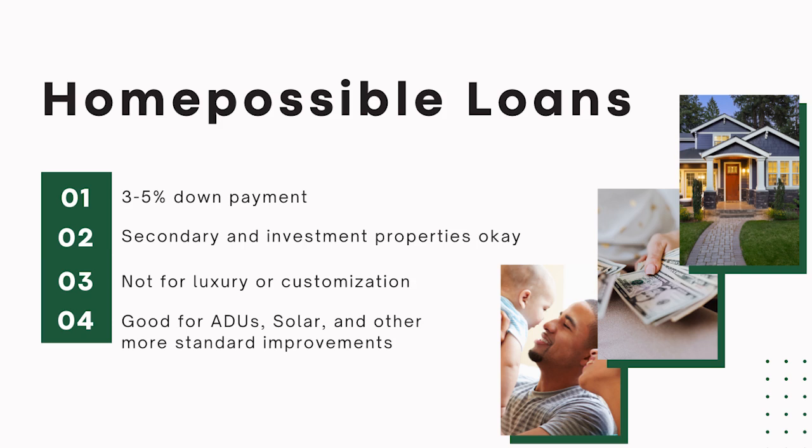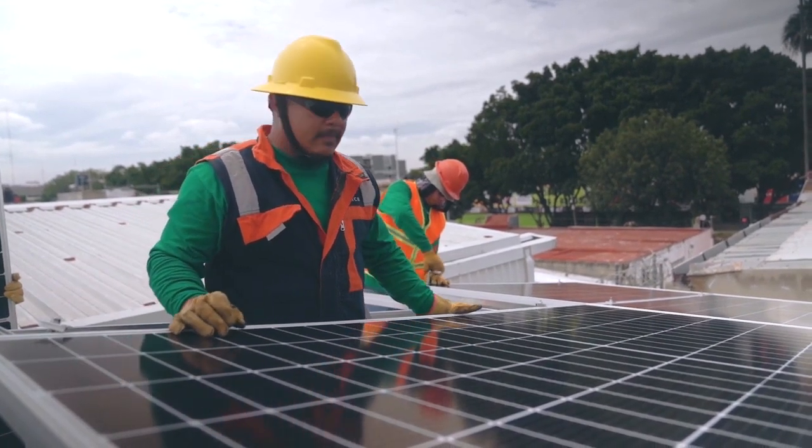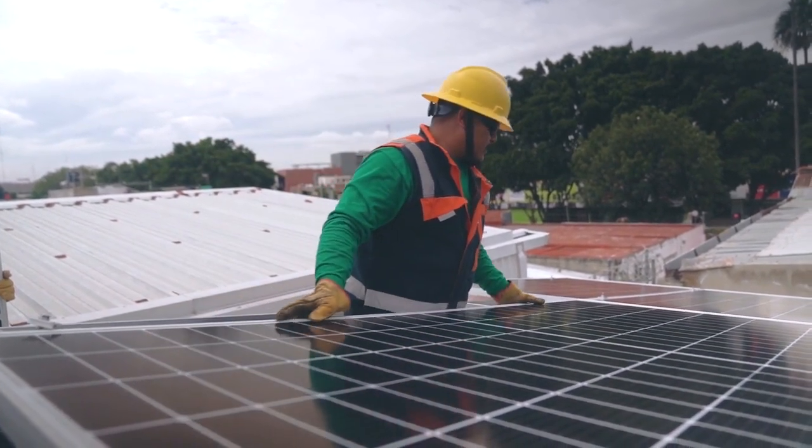Also, if you're buying investment properties, you can buy with 15 to 25% down. Now, the difference is your Home Possible is made more for energy efficient type remodels, ADUs, more simplified remodels, not high-end luxury. It's made for things that are considered more affordable housing, and it is a great project for people getting into their first home.